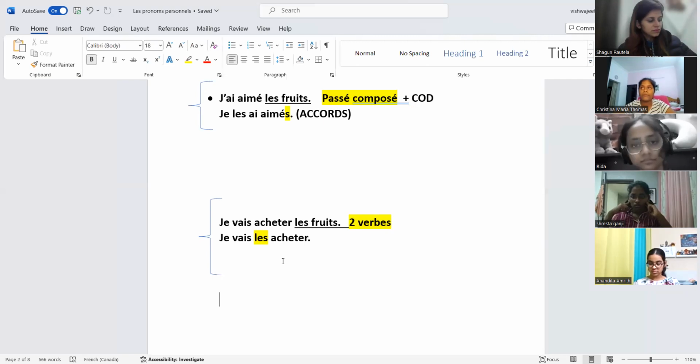Then for past tense, you should add an S if there is a plural noun. And when there are two verbs coming in a sentence, you put the COD right before the second verb.